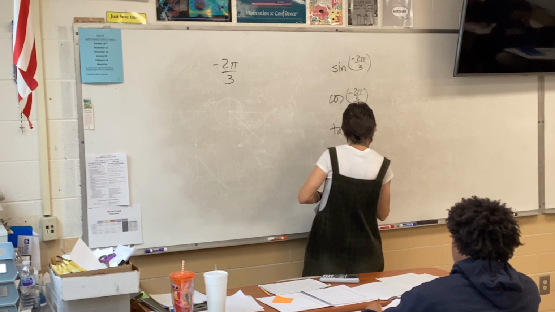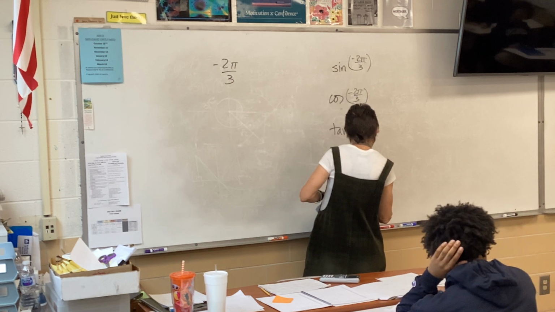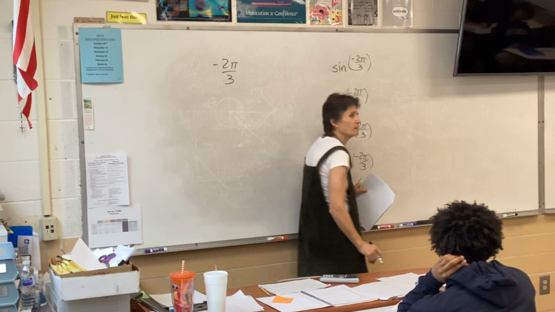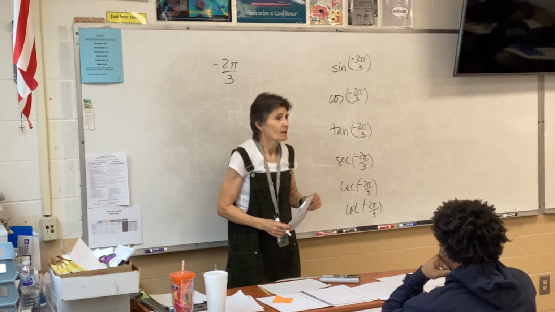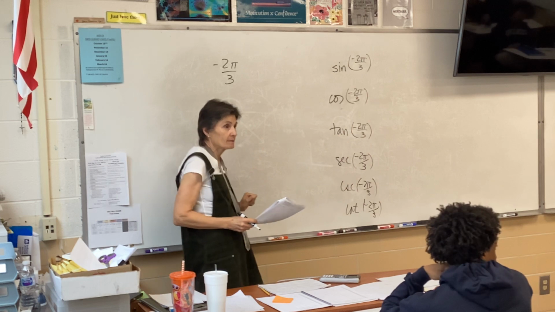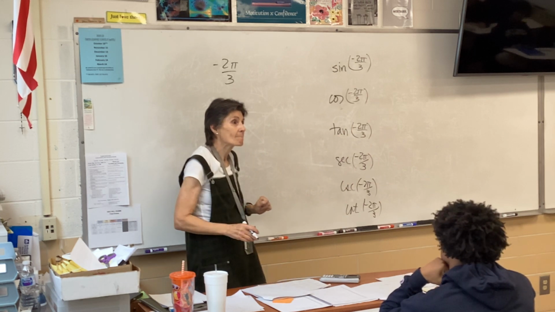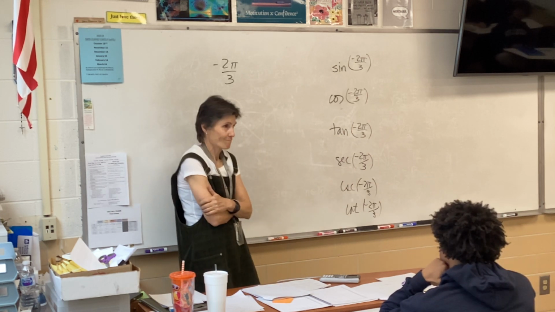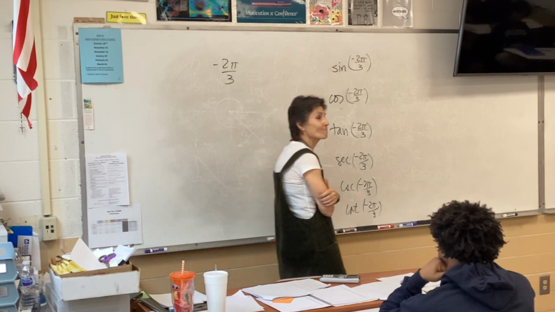Alright, anybody have any idea how many degrees negative 2 pi over 3 radians is? Negative 120. How did you know that? Because 2 pi is 360 divided by 3, and negative is negative 120.